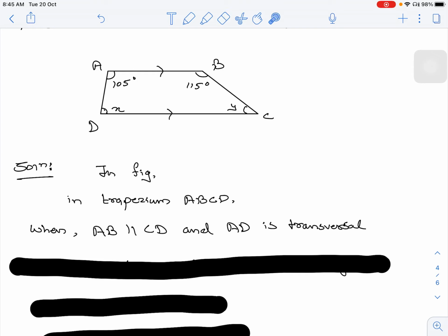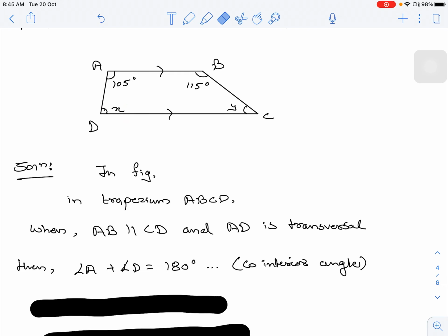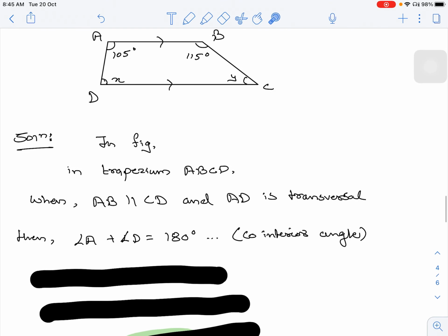So now, when AB is parallel to CD and AD is the transversal, what can we say? Angle A plus angle D will be equal to how much? It will be equal to 180 degrees and the reason will be co-interior angles. Okay. Now, what is the value of angle A? So angle A is 105. So instead of A, we will write 105, and instead of D, we will write X. Okay.